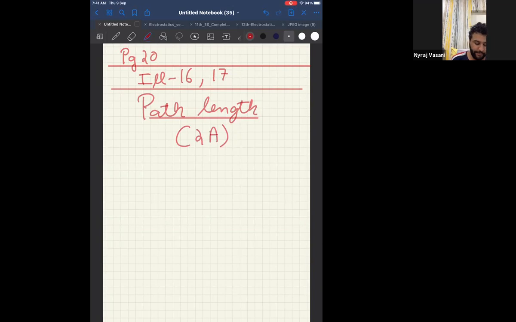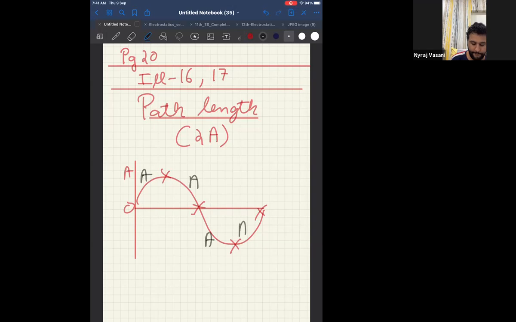For example, this is the entire path. I go from 0 to a, a to 0, 0 to minus a to 0. Therefore, can I say I travel a? So total, I travel 4a.